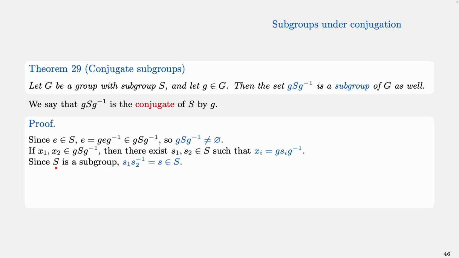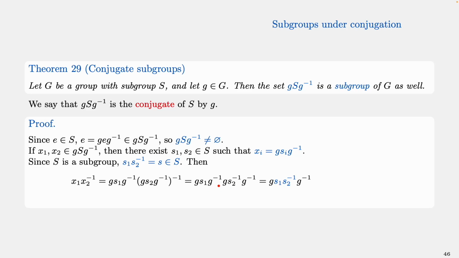Now S is a subgroup, so s1 times s2 inverse is some element s contained in the subgroup S. So let's try to apply the subgroup criterion on these two elements here. So we look at the product x1 times x2 inverse, and we plug in these expressions here for x1 and x2. So for x1 we get g s1 g inverse. For x2 we get g s2 g inverse, and take the inverse of all of that. If we do that, we get g s1 g inverse, g s2 inverse, g inverse.